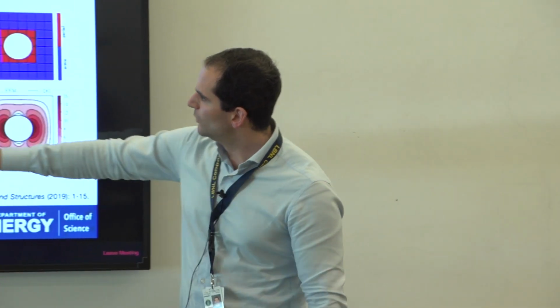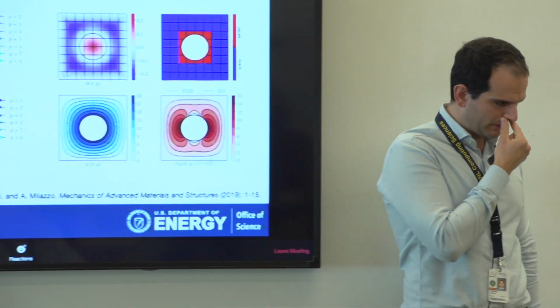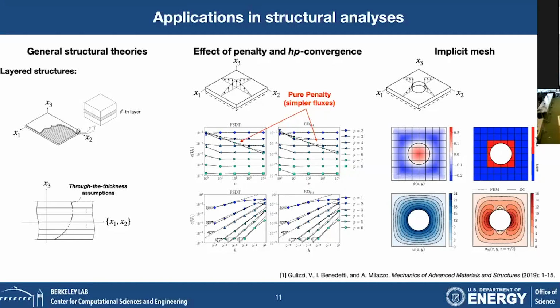If you don't introduce the fluxes in a correct way, the error of your solution within your domain is affected very much by the choice of the numerical fluxes. For example, if you use the pure penalty approach, which is simpler in terms of numerical fluxes, you end up with a strong dependence of your solution on the penalty parameter.